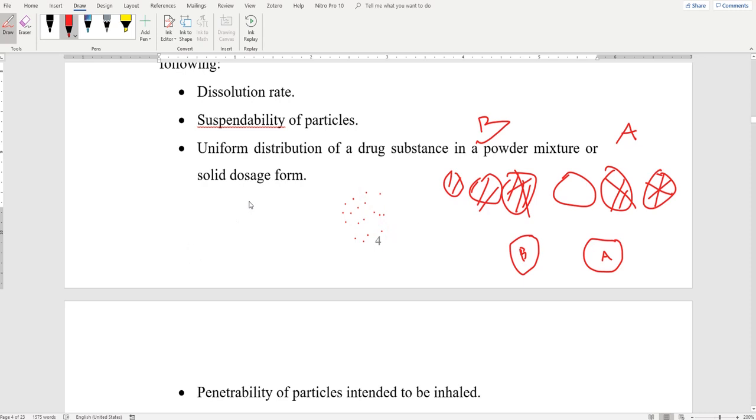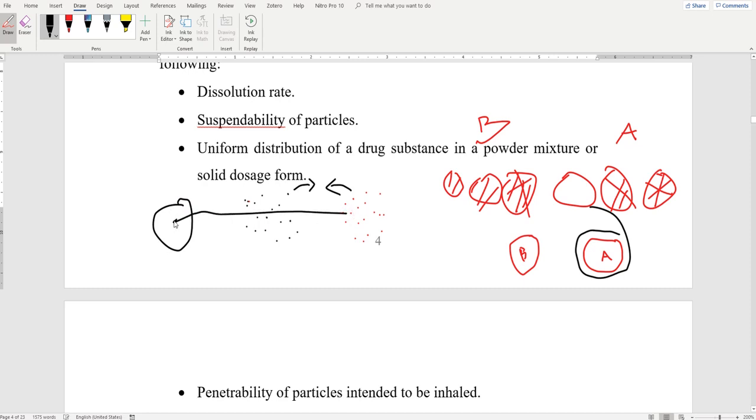Okay, and let me change the color, and this is the other type of particle. So now what I did is I broke the particles and then you mix them together. See, if I want to take a quantity as much as this one after mixing, I'm taking a quantity from here. After mixing, I expect to have, for example, something like this.